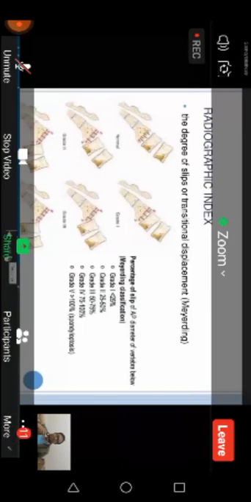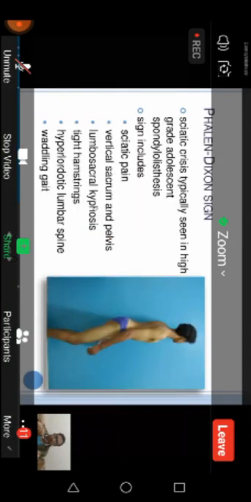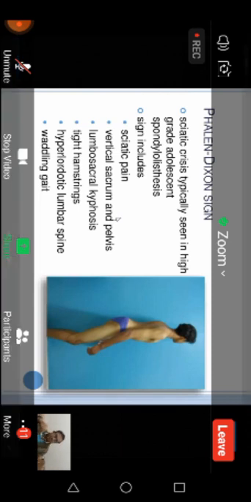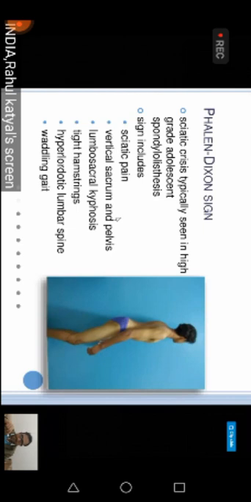Yes. So here you can see how we have to treat the spondylolisthesis. Suppose we have found out the clinical things and also correlated them with the X-rays, that this is a case of spondylolisthesis, right?